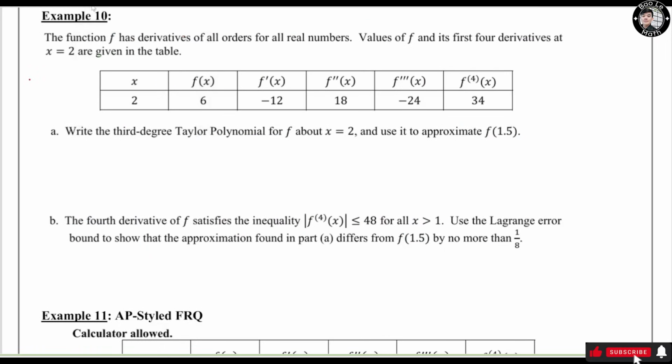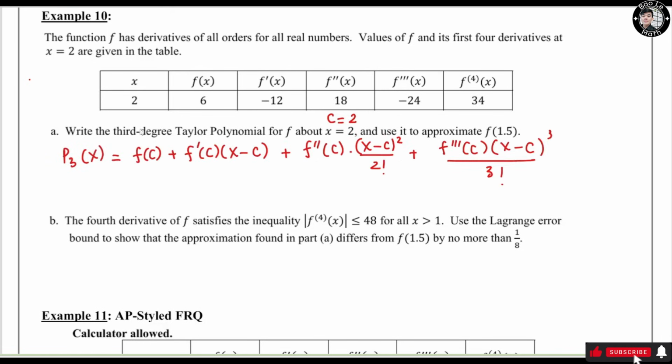Now let's move on to example number 10. Question 8. Write the third-degree Taylor polynomial for f about s equals 2, so c equals 2, and use it to approximate f of 1.5. So we have p sub 3 of s equals, now we substitute values.